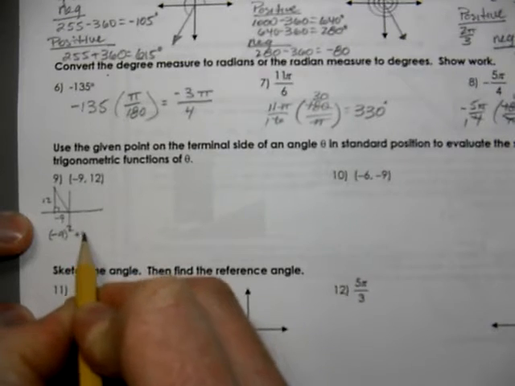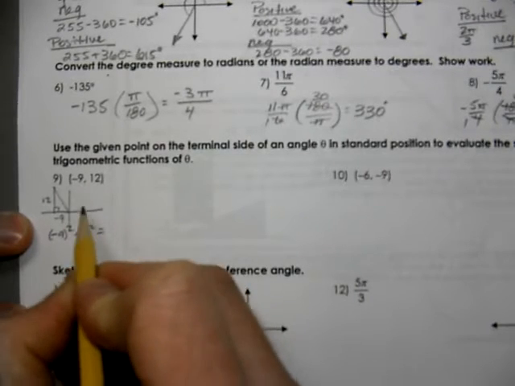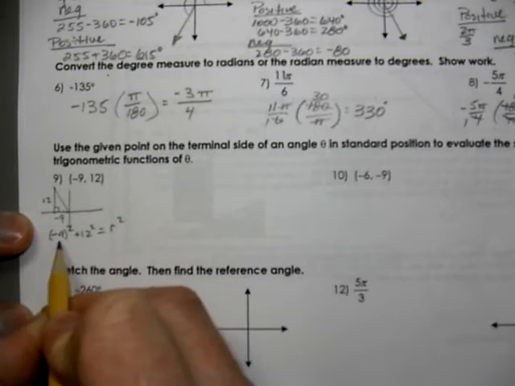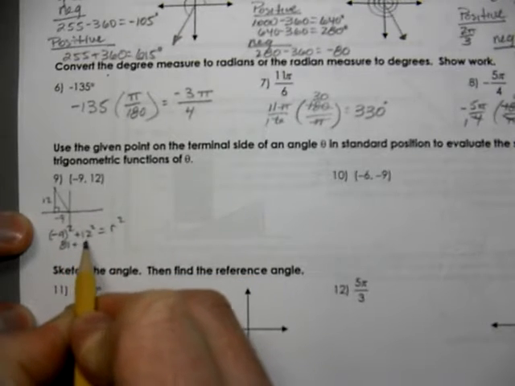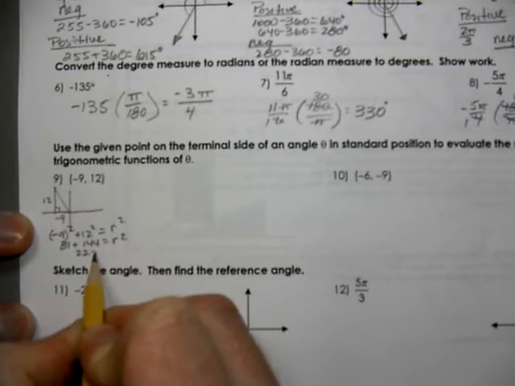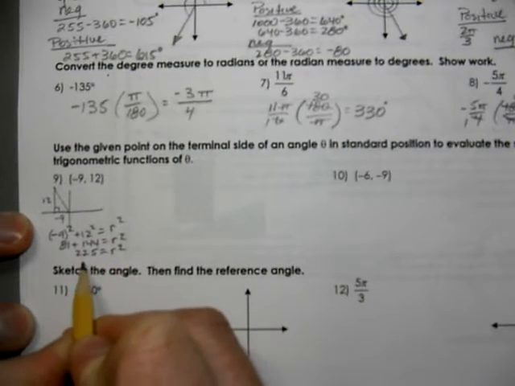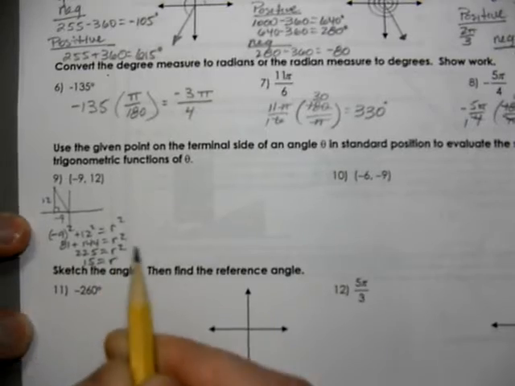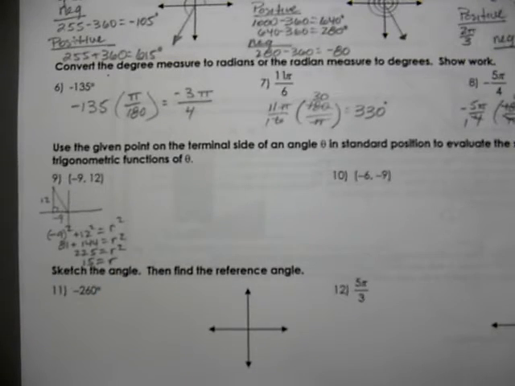Negative 9 squared plus 12 squared equals our radius squared. So the radius is 15.